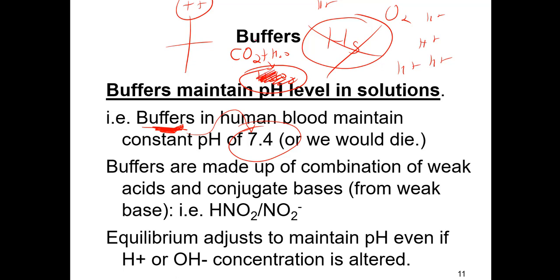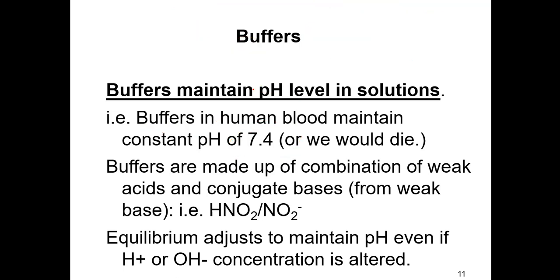So you could get a whole bunch of carbon dioxide in your blood if you're breathing really heavily as you're studying for this upcoming exam, and that can turn into carbonic acid, and that could lead to a slight case of death. So the buffers help prevent this and help neutralize that carbonic acid. So buffers are really, really important.